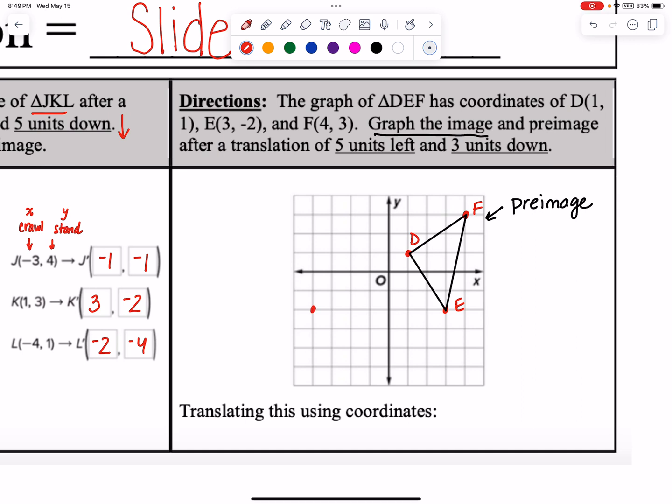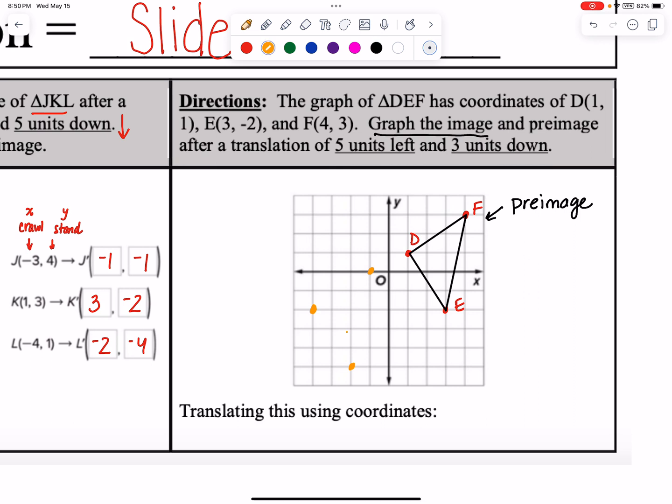Okay, I'm going to go ahead and switch to a different color here just to have different points. Then let's do the F, paying attention to the movements. 5 left, 3 down, 1, 2, 3, 4, 5, 1, 2, 3. So there's that. And then we have E, 1, 2, 3, 4, 5, 1, 2, 3. And there we go.